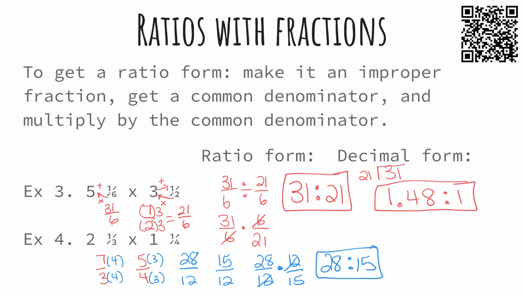Okay, now write it in decimal form. So you're going to type in 28 divided by 15, and that comes out to be 1.87, rounded to the nearest hundredth, to 1. So when you divide, that becomes a ratio which is called a unit rate, because it's to 1.